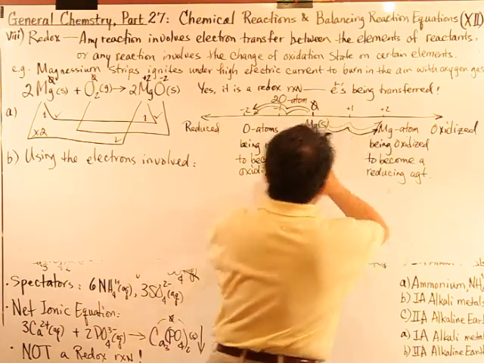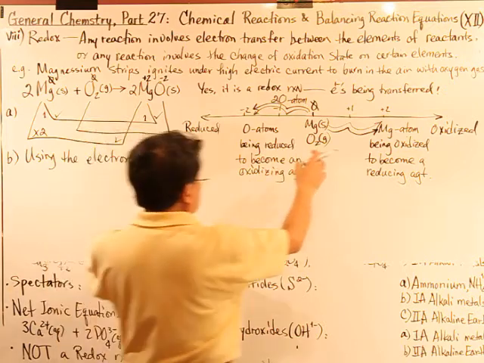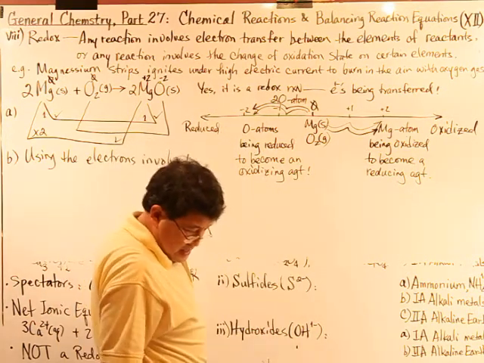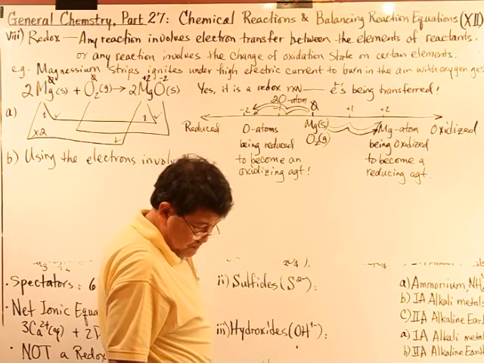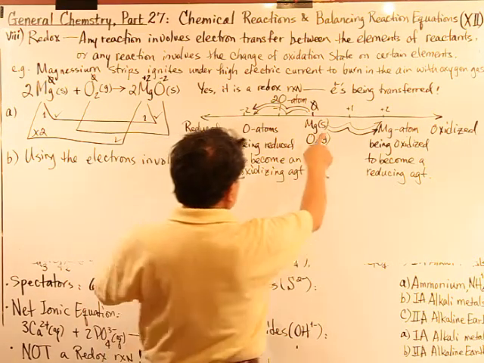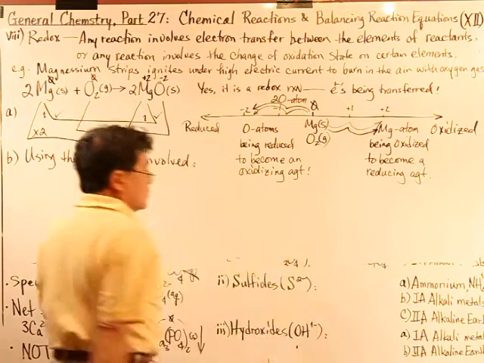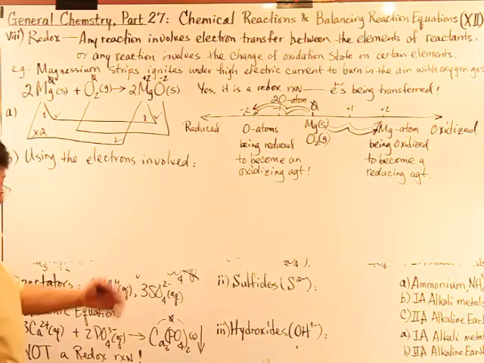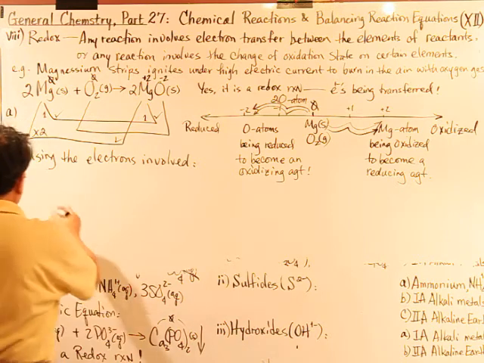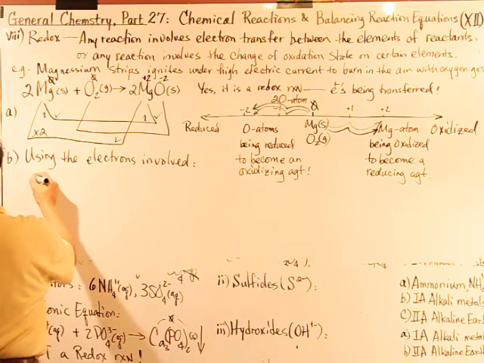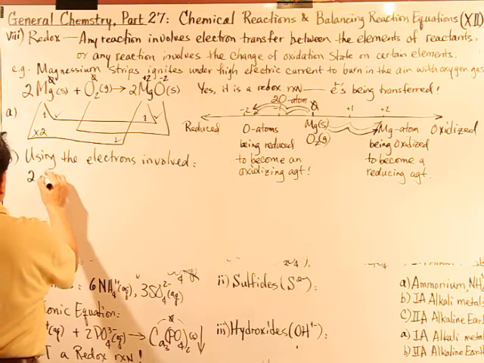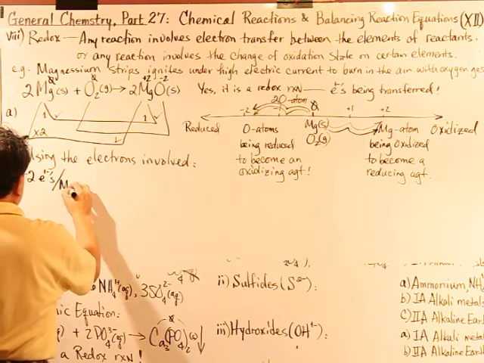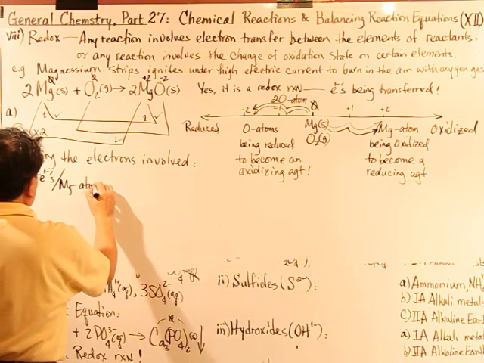Now you have 4 electrons out of 2 magnesium atoms, and these 4 electrons go to 2 oxygen atoms, and that is balanced. So in this case, 2 electrons per magnesium atom is not enough.